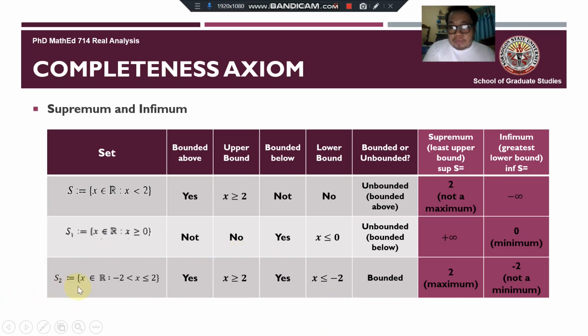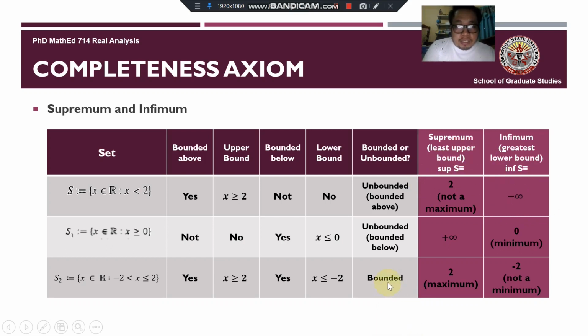Let's have S sub 2, with the criterion that x is greater than negative 2 but less than or equal to positive 2. This is both bounded above and bounded below. With this, we can identify both the supremum and infimum, or those values are said to be exact.